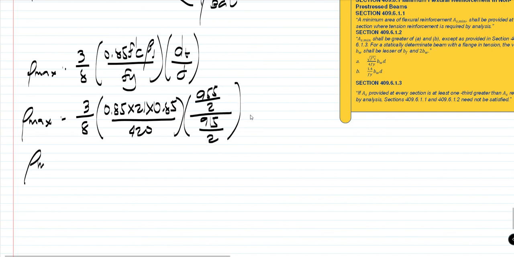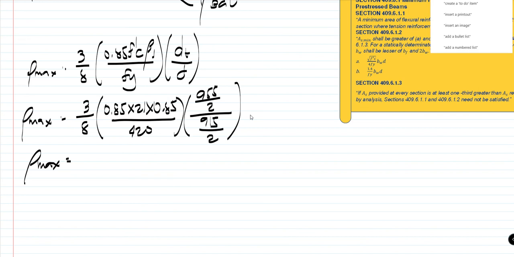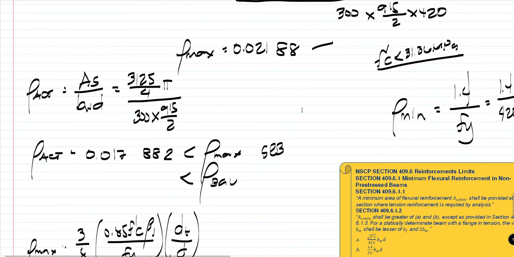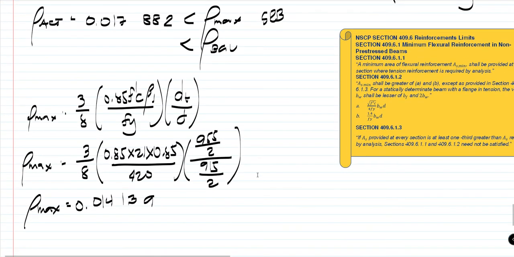From this calculation, yung rho max for a rectangular singly reinforced is 0.01413. So, as you can see, mas malaki yung rho max ng irregular shape beam compared to a rectangular shape singly reinforced beam.